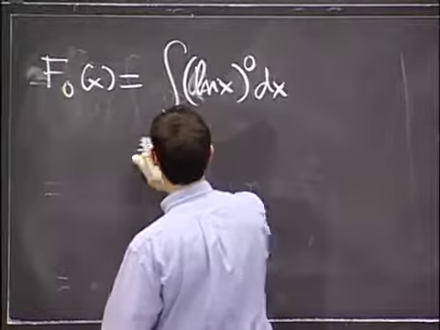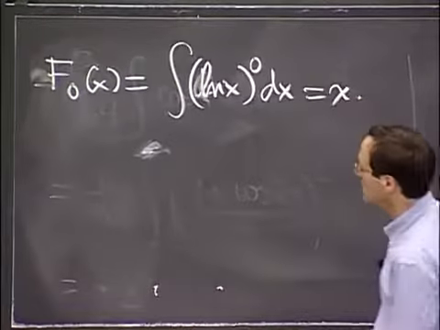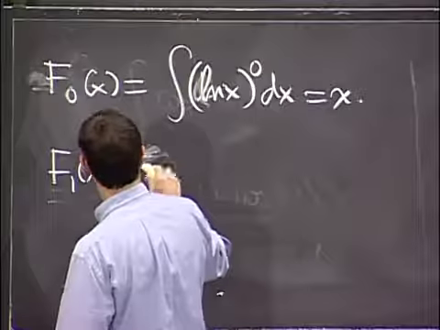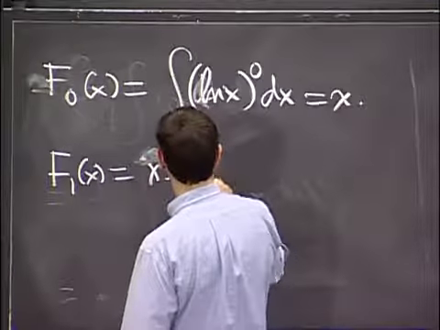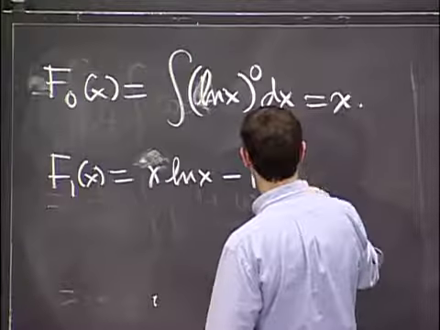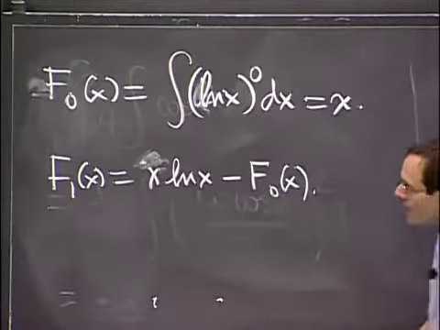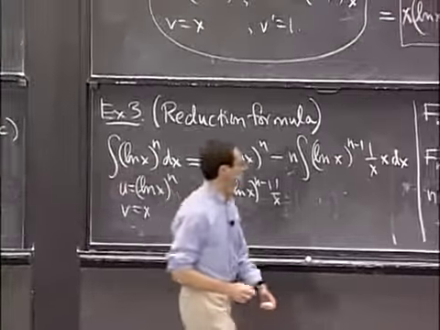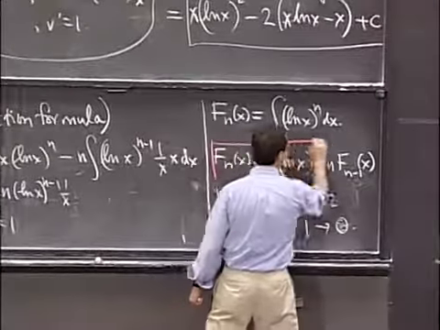That's very easy, that's x. And then f1 of x is equal to x log x minus f0 of x. Now that's applying this rule. So let me just put it in a box here. This is the method of induction. Here's the rule.